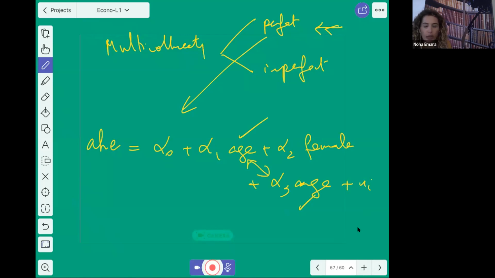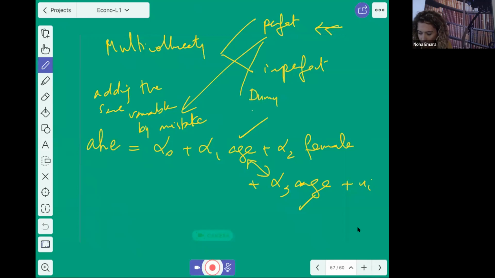So perfect multicollinearity would happen by adding the same variable by mistake. I'm not assuming that we're doing this. But it can also happen for another reason. The other reason is called the dummy variable trap.